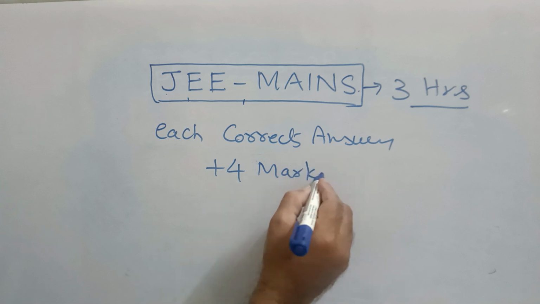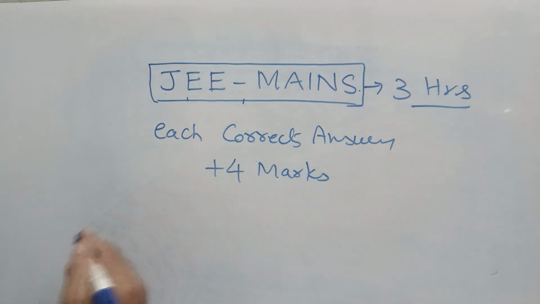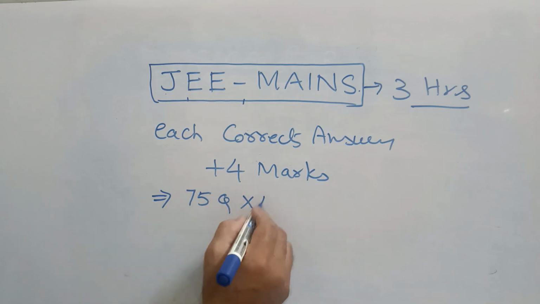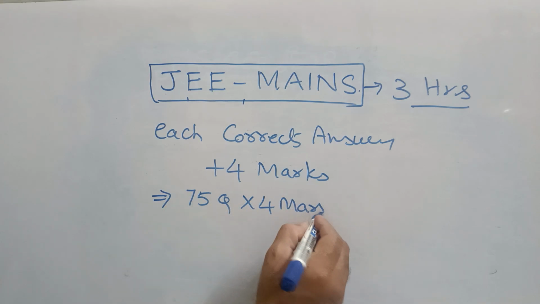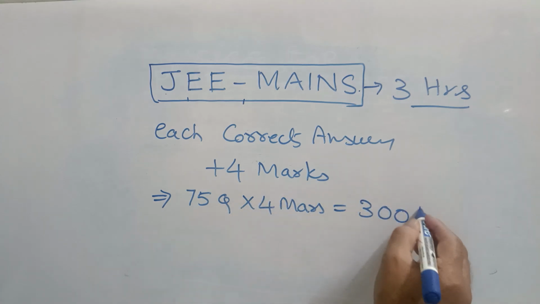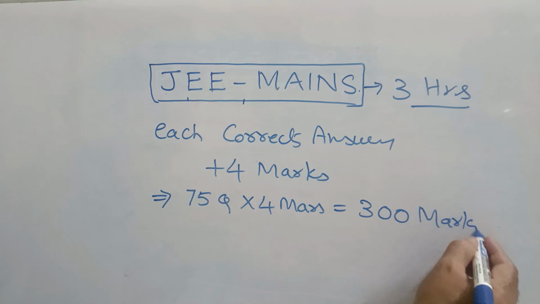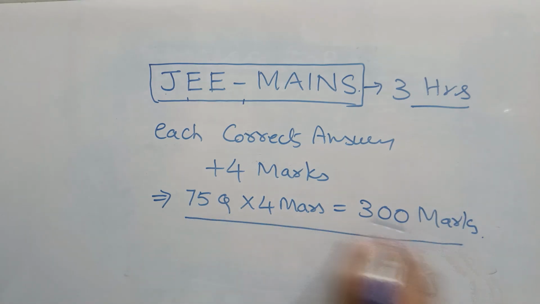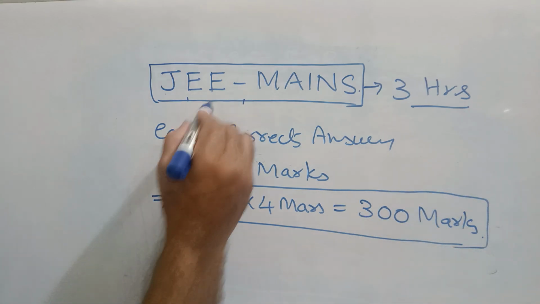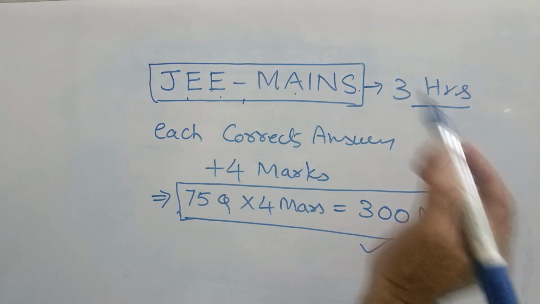Therefore, 75 questions multiplied by 4 marks is 300 marks. Therefore, your JEE examination is for 300 marks. Remember that, this is very, very important. So your JEE Mains will be for 300 marks.